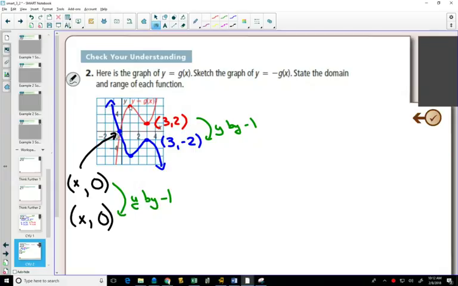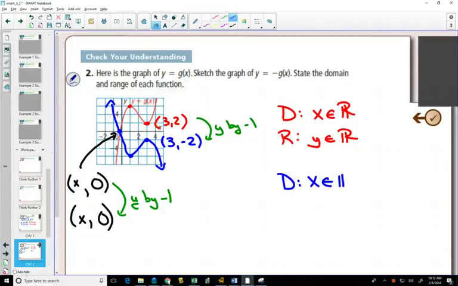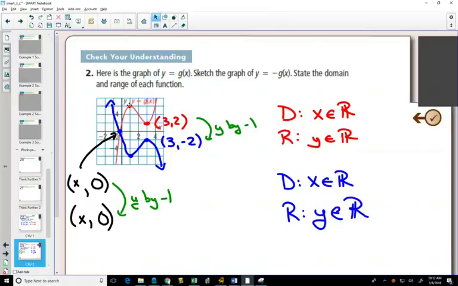For the red graph and the blue graph, what about the domain and range? Our domain was everything, our range was everything, and for our blue graph the domain and range is everything again.